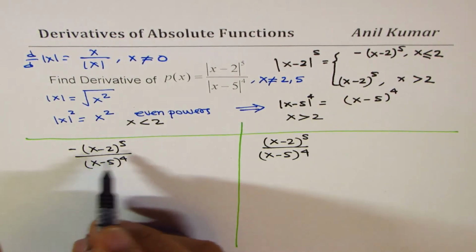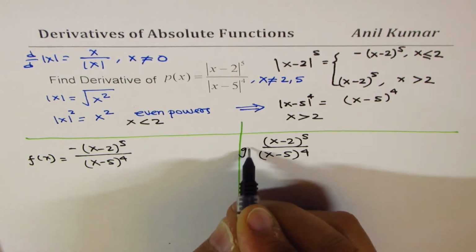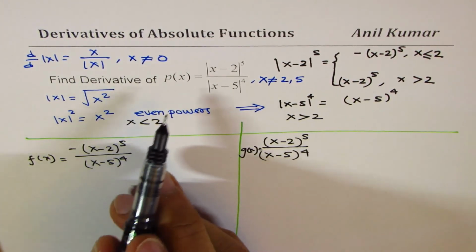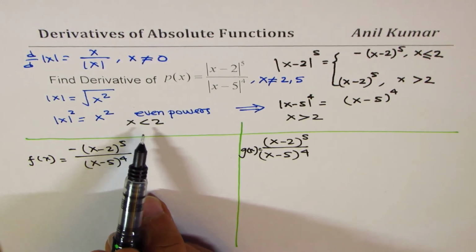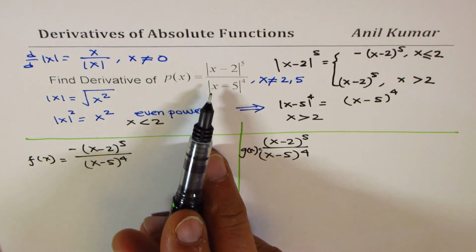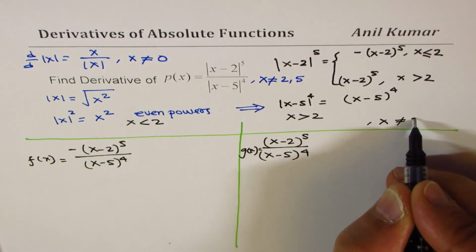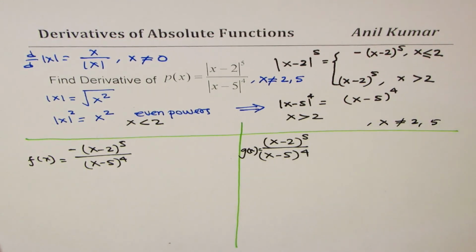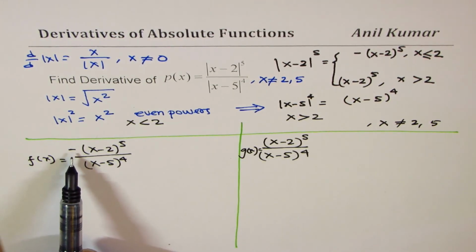So let's call these functions f of x and g of x. I'll split this function into two parts where x is less than 2 or greater than 2. We clearly know that it's not differentiable at x equals 2 or at 5. Now the idea is that both are very similar functions except for this negative sign.